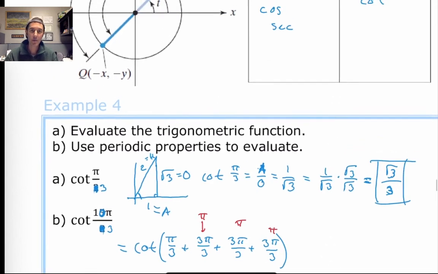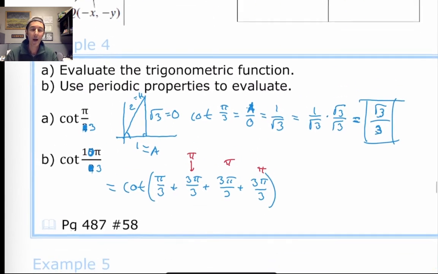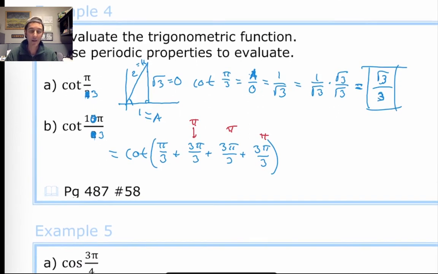And cotangent, as we put in our table at the top right corner there, cotan has a period of pi. And no matter how many times you add in the period of the function, the output value will not change. You can add or subtract it a whole slew of times, and the output's not going to change. So this is still equal to the square root of 3 over 3.